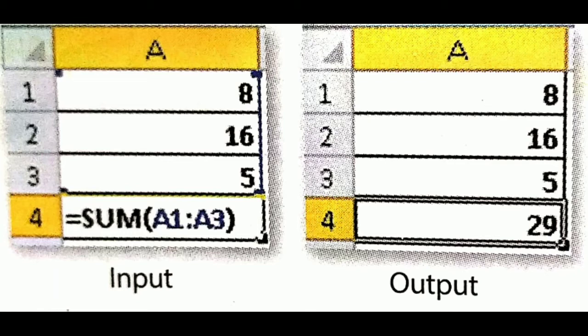That is the input, and look at the output. In cell A4, I have got the number 29. That is, by adding the numbers 8, 16 and 5, I got the output 29. So this is about the sum function.